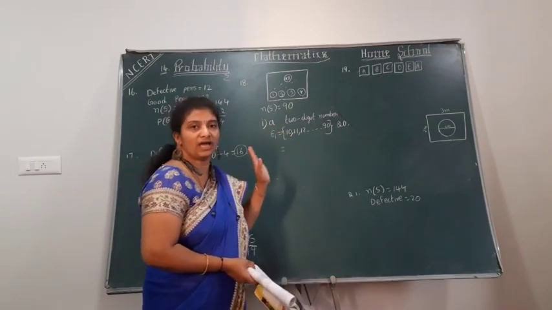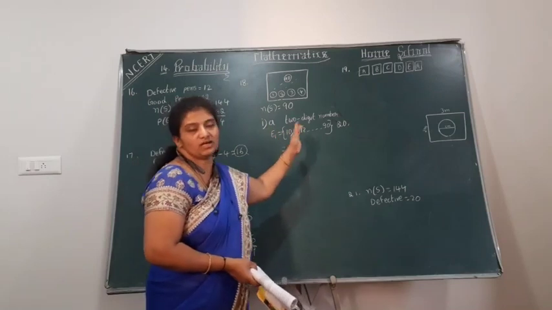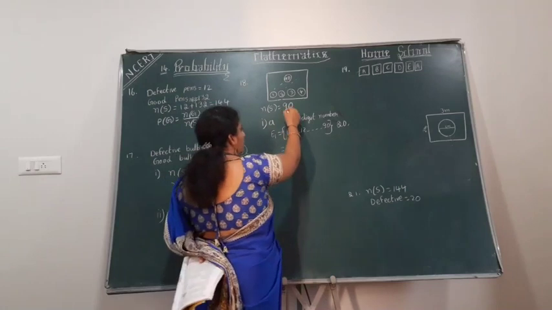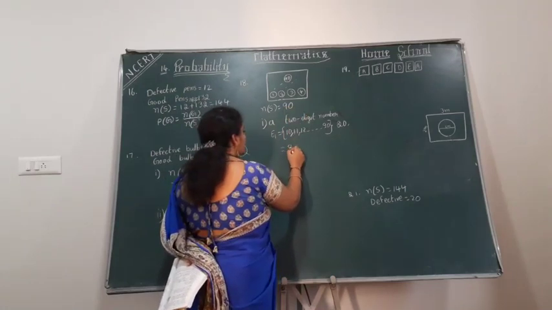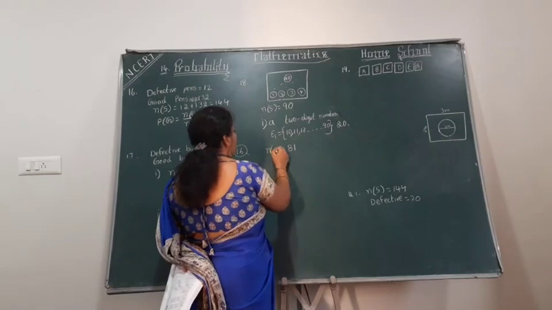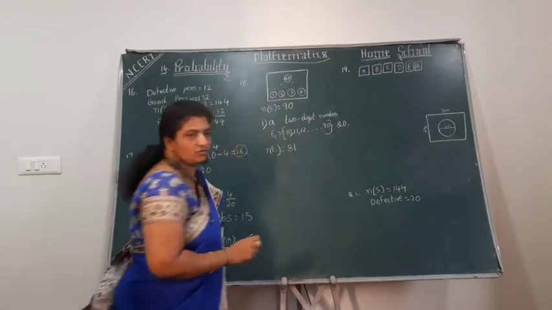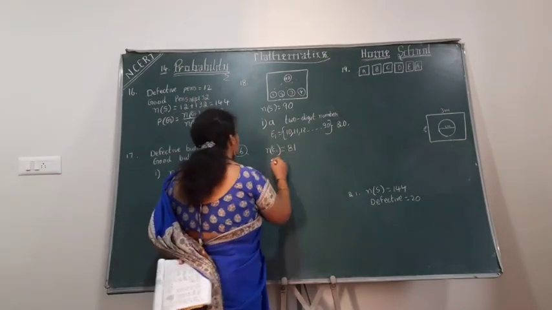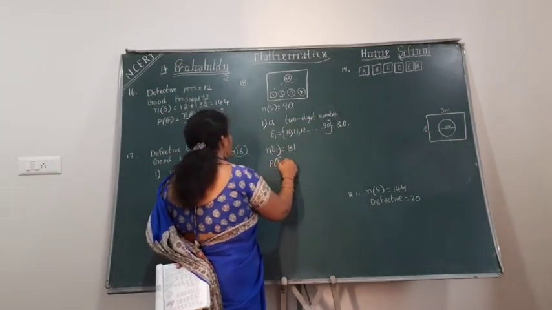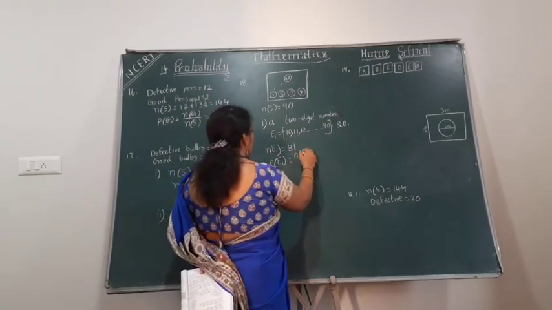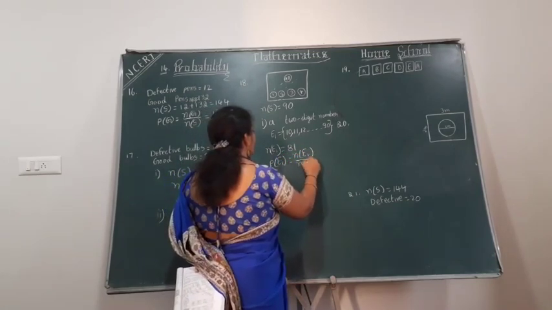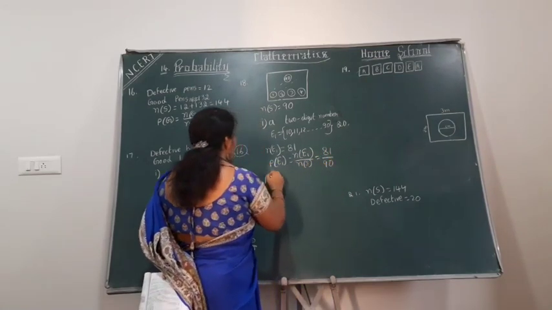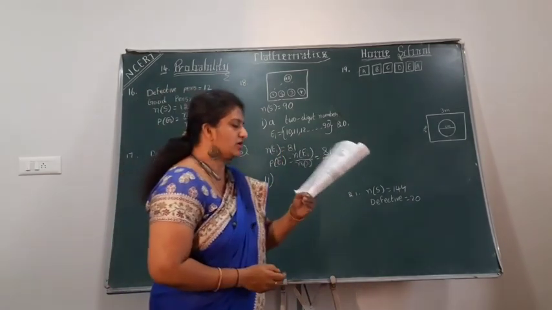I am removing 9 discs and all other discs are considered. So in total how many do we have here? If you remove 9 from 90, what do you get? 81. N of E1 is equal to 81. And what is the probability of getting this 2-digit number? Formula: P of E1 is equal to N of E1 by N of S. That will be 81 by 90. That's all, very simple.